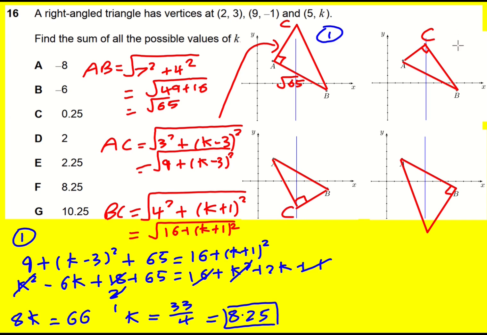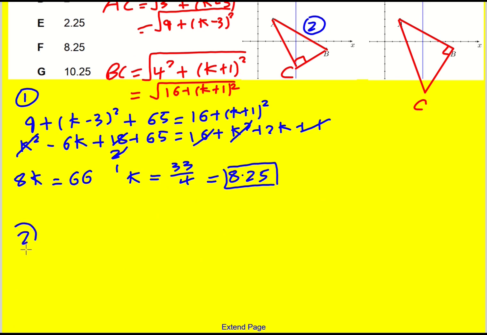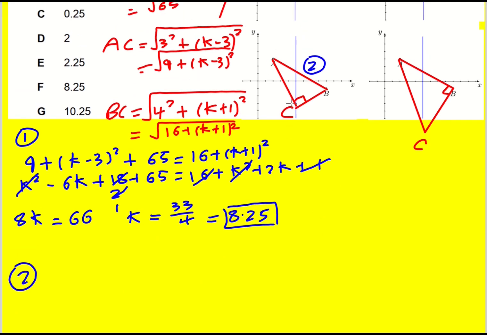Now let's look at 2. Both of these end up being 2 because they both are right angles at C. So then it's going to be AC squared plus CB squared equals that root 65 squared, so 65.